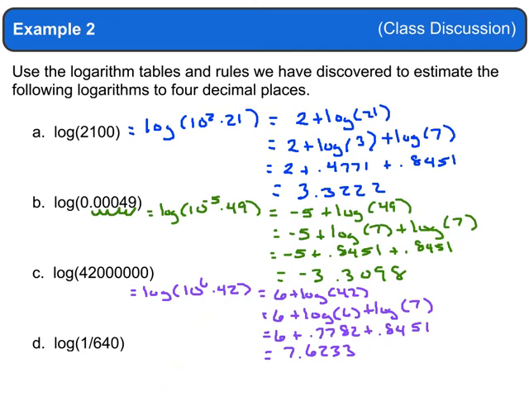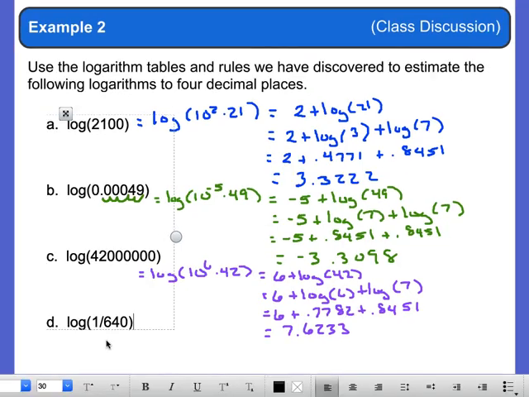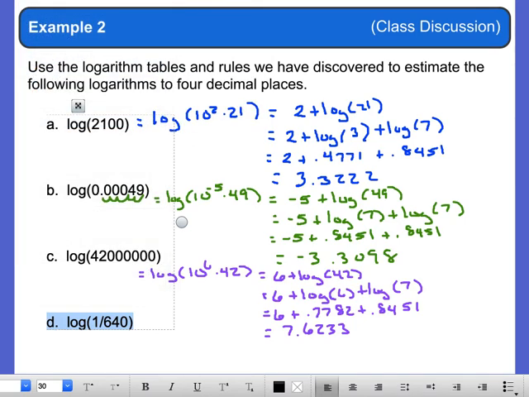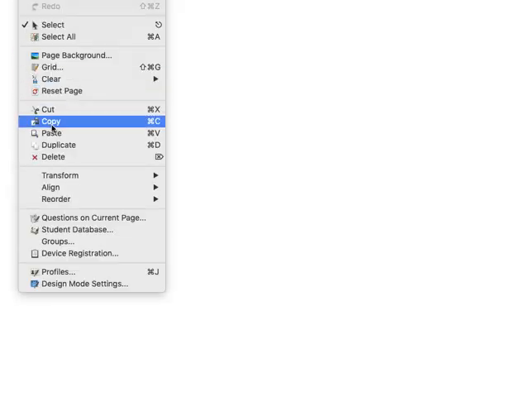And then if we look at the last one, I'm going to give us more room, so I'm going to copy this one, paste it, and put D right here.